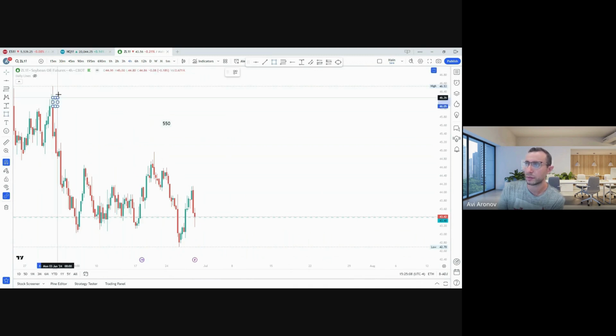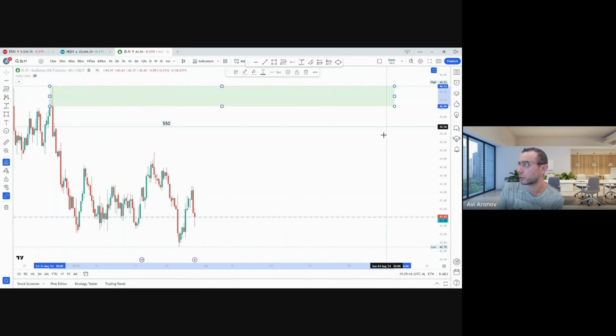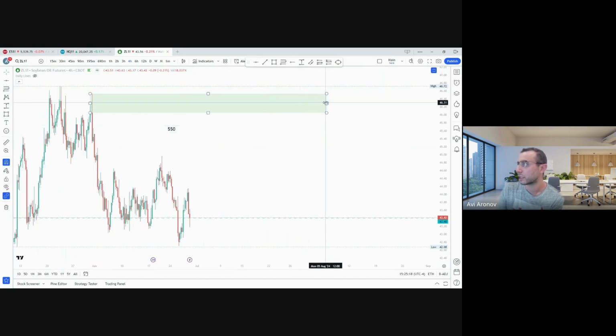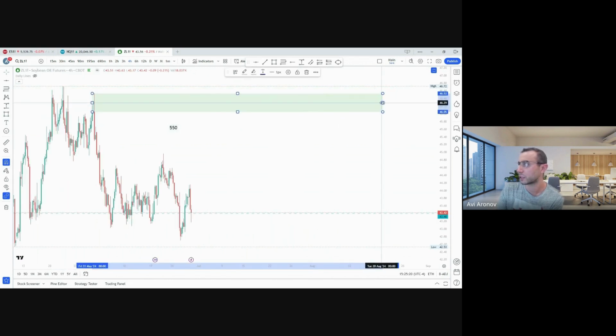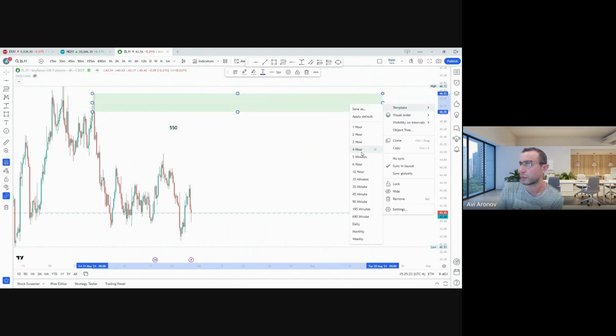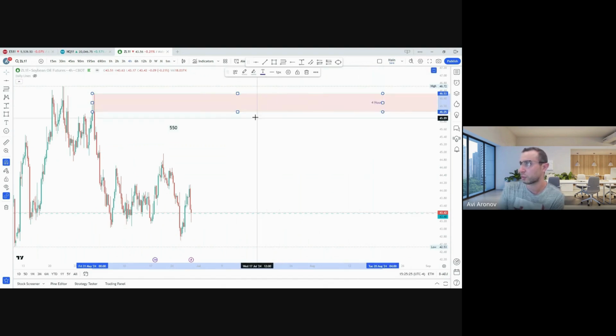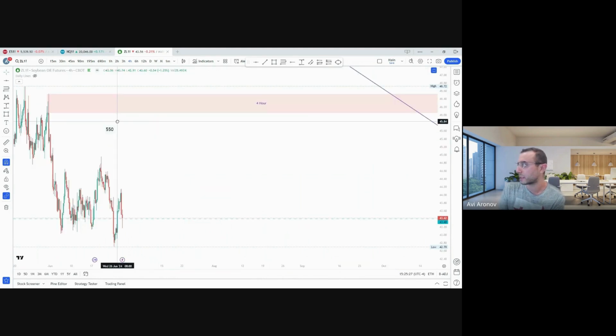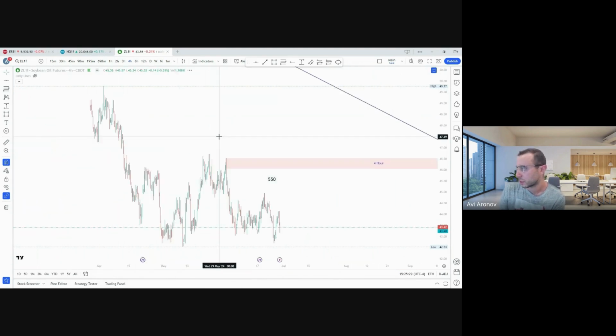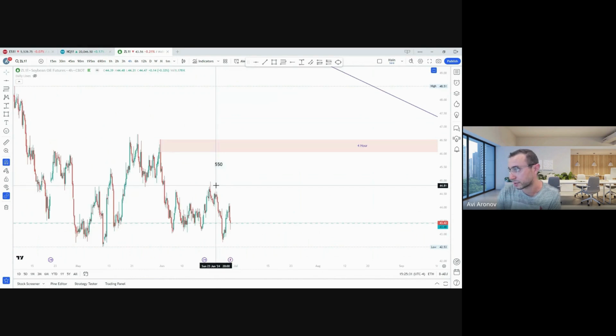So you want to be careful with that. However, we can highlight it just for now, so we know where we're looking, and then figure out if it will somehow work for us.